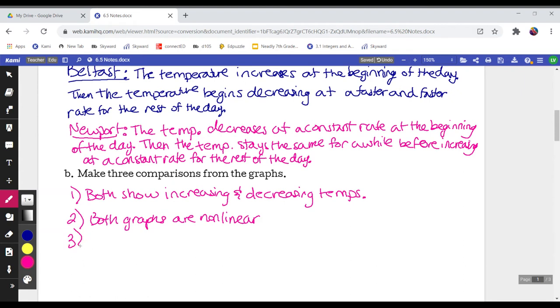And for number 3, Belfast was warmer at the end of the day than at the beginning.